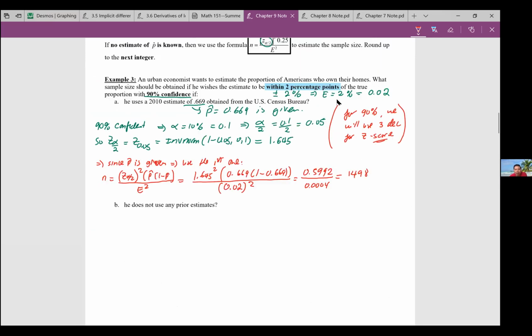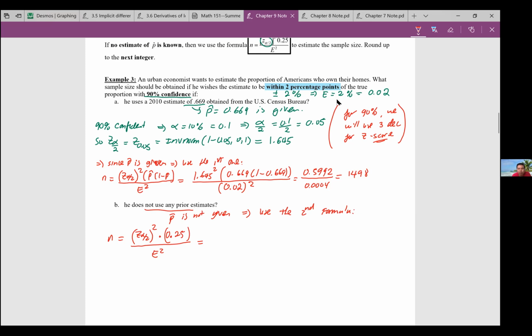All right. So now he does not use any prior estimate, right? So in this case, P hat is not given. So we're going to use the second formula. Okay, everything the same except the P hat. So n is equal to z alpha over 2 squared times 0.25 and then divided by E squared.